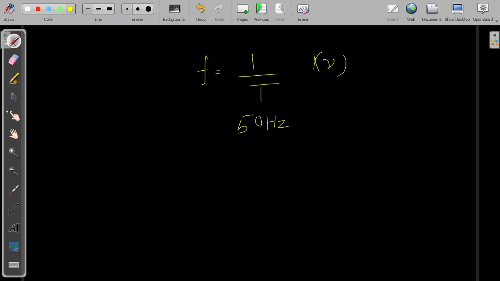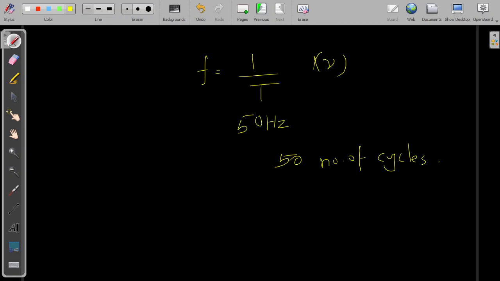That means, look at your watch, and on completing 1 second, the electrical supply waveform, which is present in the form of current in your house, will complete 50 cycles.